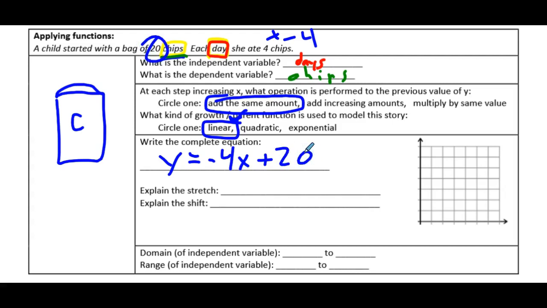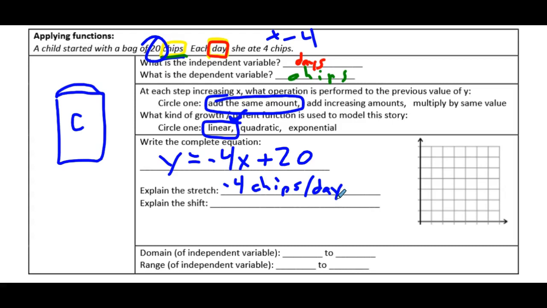So every day we lose 4 chips, and then we started with 20. So the stretch, this amount that we scale by or multiply by, is -4 chips per day. So that's what that means. It's -4 times it, so it's chips per day.